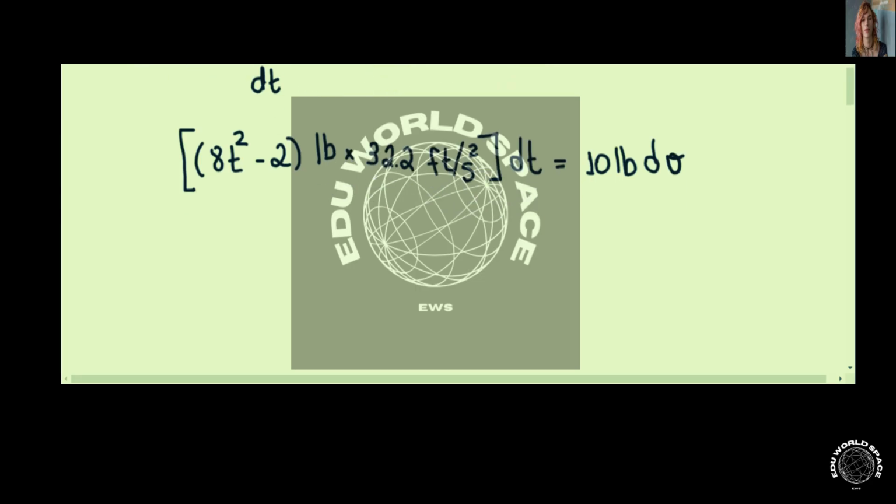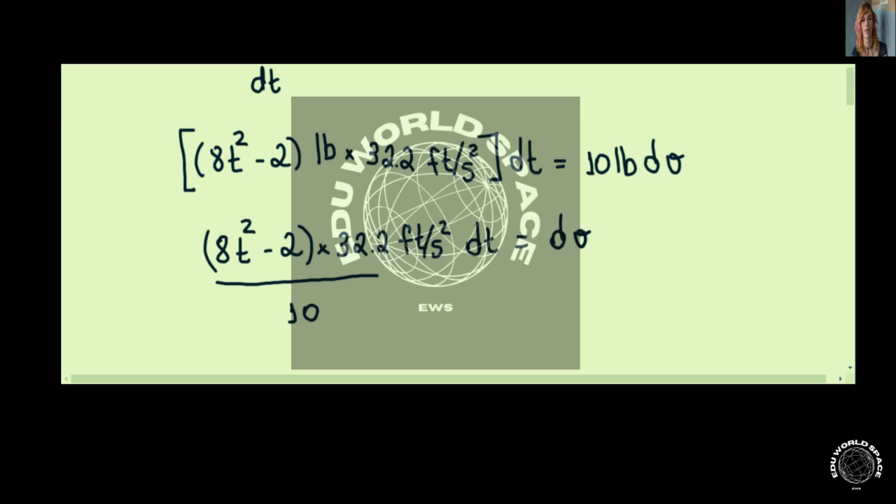So I'm going to divide both sides by 10 pounds. So we're left with 8t squared minus 2 times 32.2 feet per second squared divided by 10, dt is equal to dv. So we obtain 25.76 t squared minus 6.44 feet per second squared.